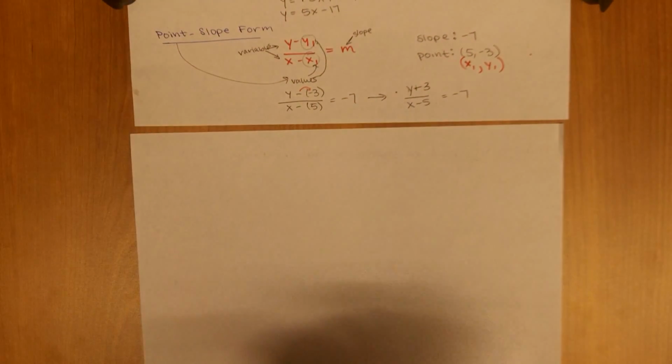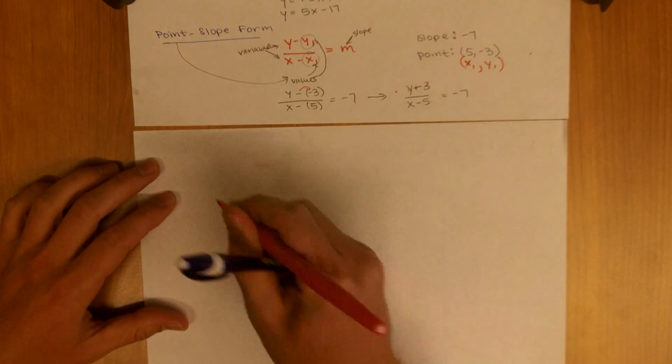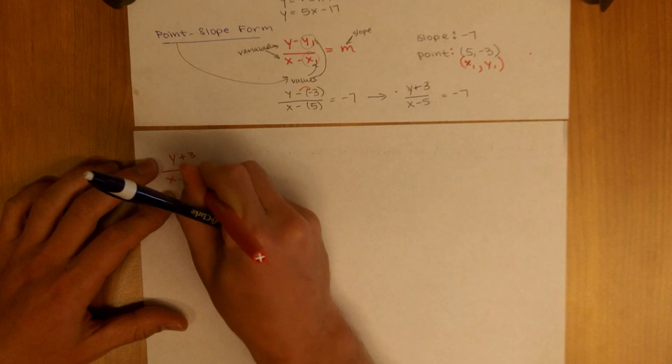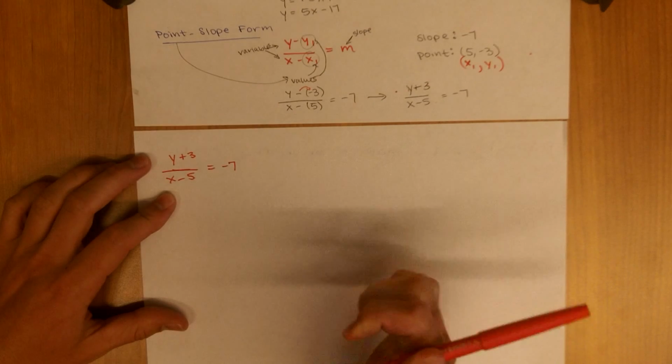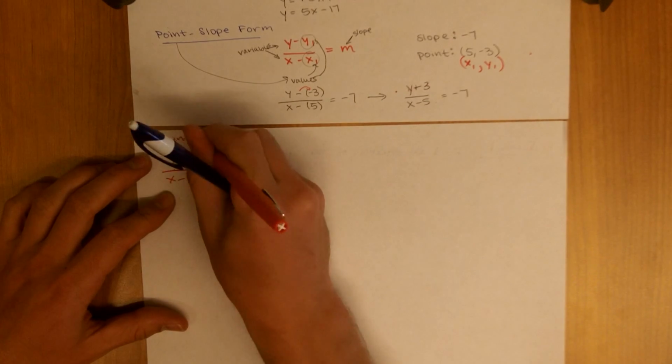Alright, let's pretend we're working with this very last point-slope formula, which was (y + 3) over (x - 5) equals -7. So this is point-slope.